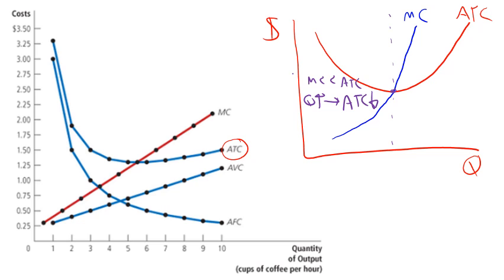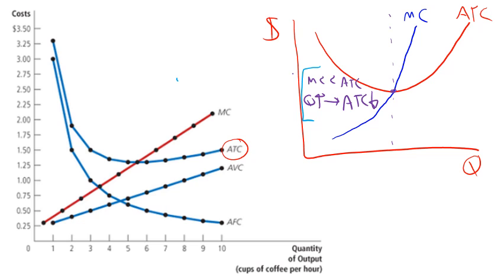Similarly, if you've taken 3 tests and your average is 80, and you score a 90 on the 4th test, that higher score on the marginal test, or the 4th test, is going to pull your average up. So whenever marginal cost is below average total cost, an increase in output will make average total cost decrease, and vice versa.